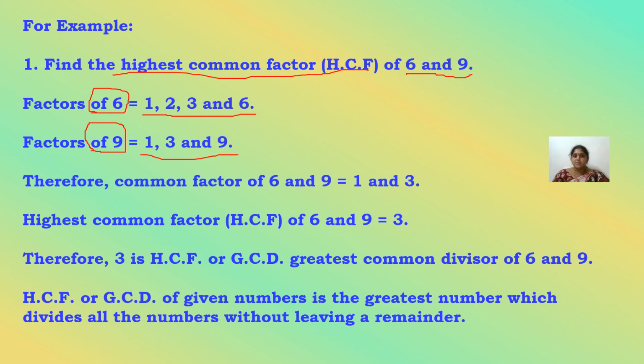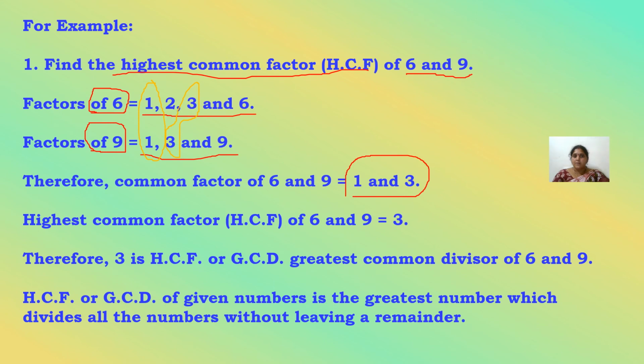Here if you observe, our common factors are 1 and 3. We don't have 2, we don't have 6 and we don't have 9. In both 6 and 9, the numbers 1 and 3 are coming. Remaining numbers are coming only once. So the common numbers are 1 and 3.